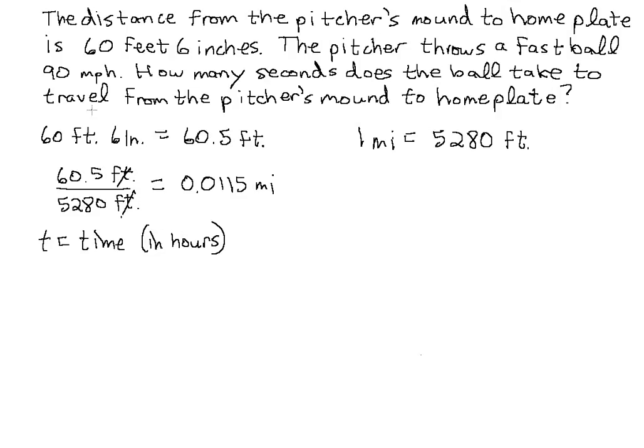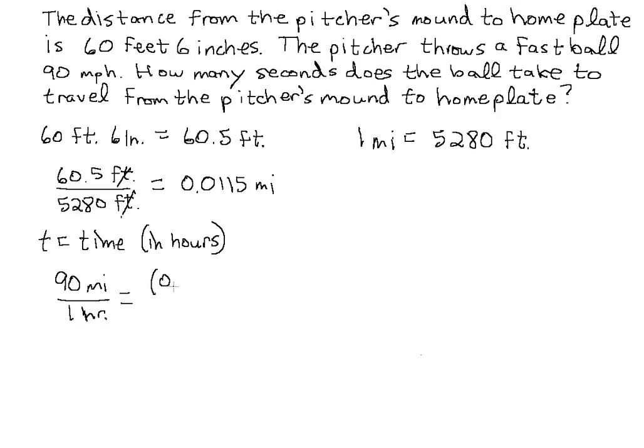It's actually going to be a proportion because we're comparing one velocity to another. We have 90 miles per hour, and we write it as a fraction, 90 miles for 1 hour. And we're going to have the change in y over the change in x in our pitcher's problem.